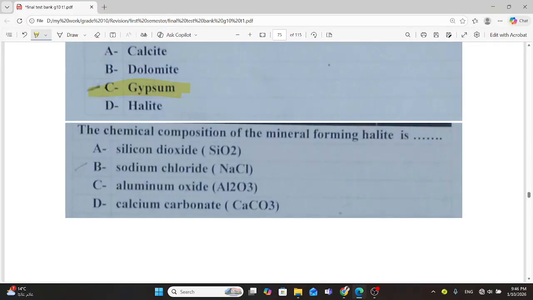Halite, table salt, is NaCl, sodium chloride.